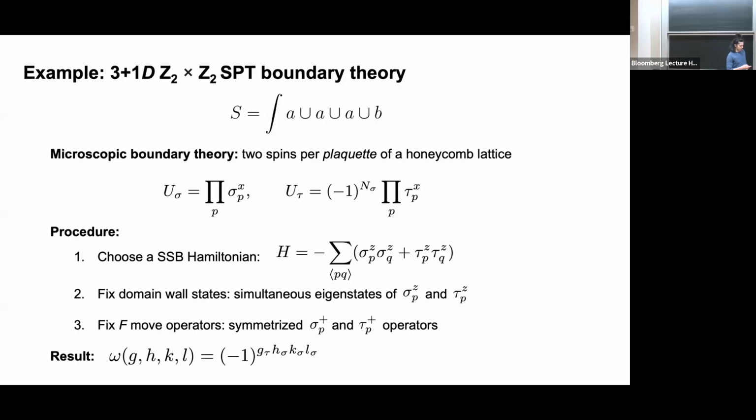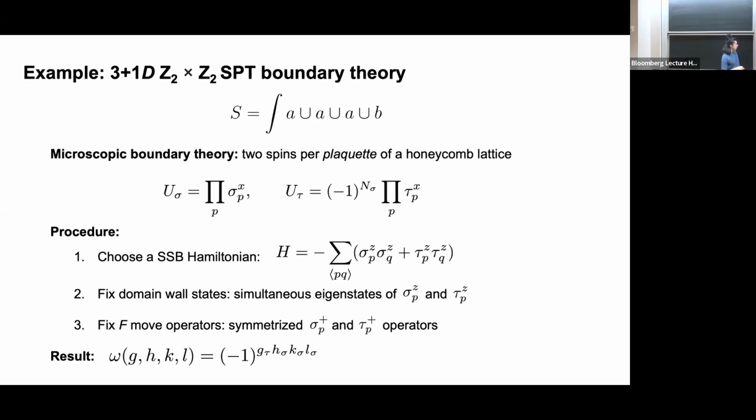In the entirety of the system, there will be either an even or odd number of domain wall loops, and so we get this phase factor, which is either plus or minus 1. And so my claim is that these symmetry generators generate an anomalous Z2 times Z2 symmetry.